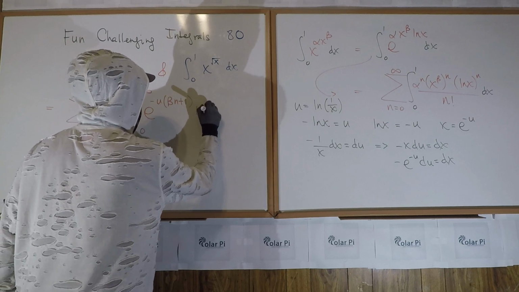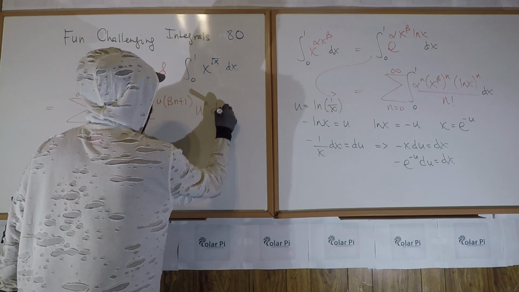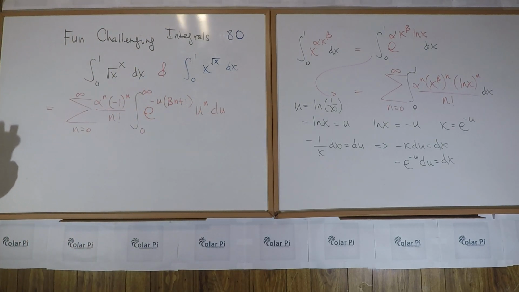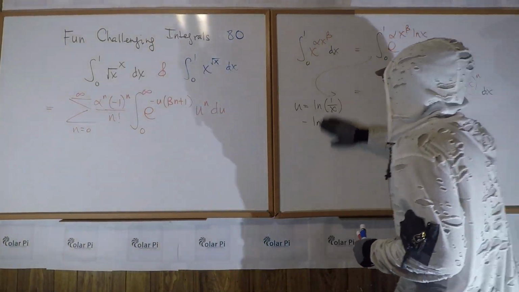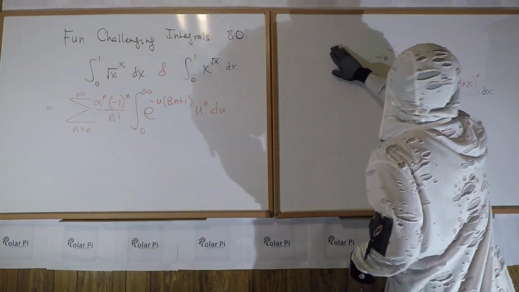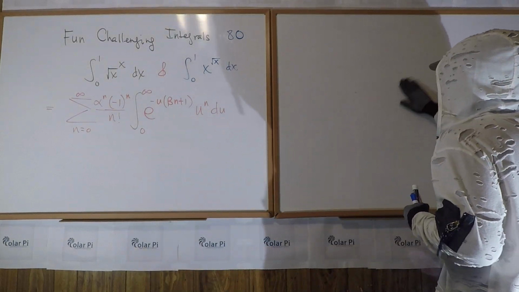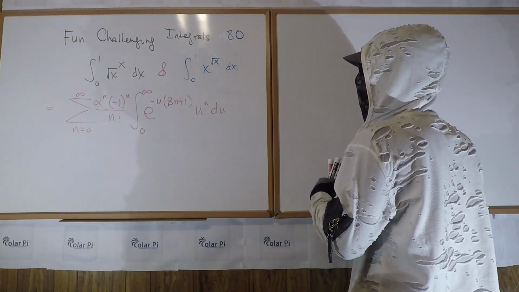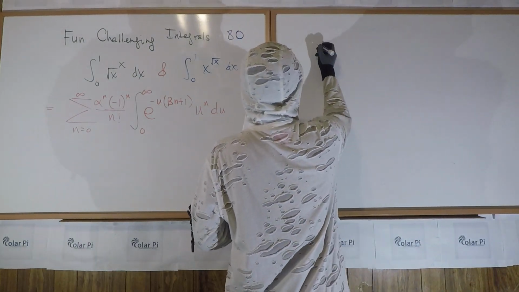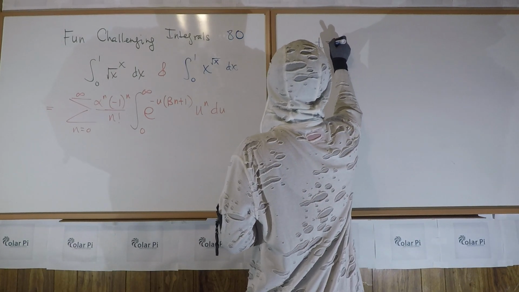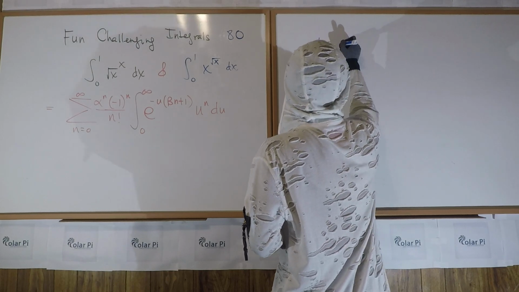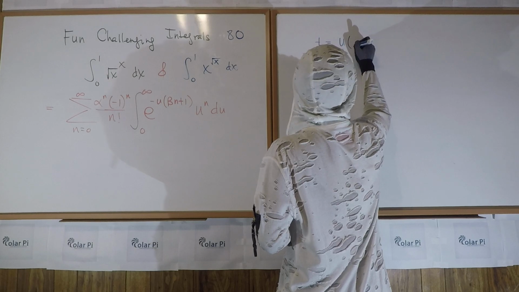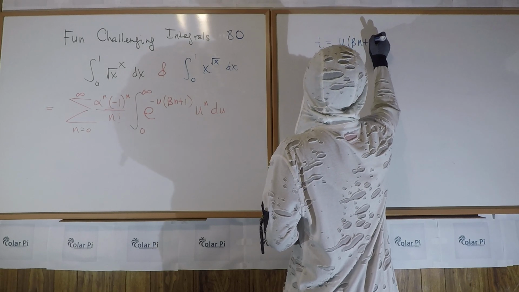u to the n, and then du is what we had. Okay, and that one more substitution is going to be like this. Let's let t be u times beta n plus 1.